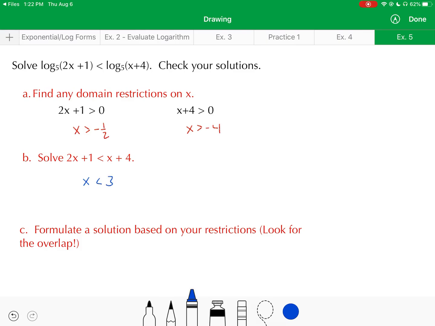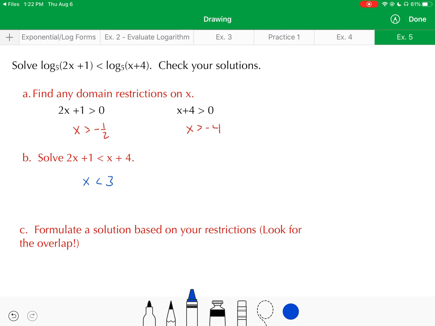All right, so if I just kept the solution as x is less than 3, I would be including numbers in my solution set that would violate these domain restrictions, okay? And they would make the logarithms on either side of this inequality undefined.